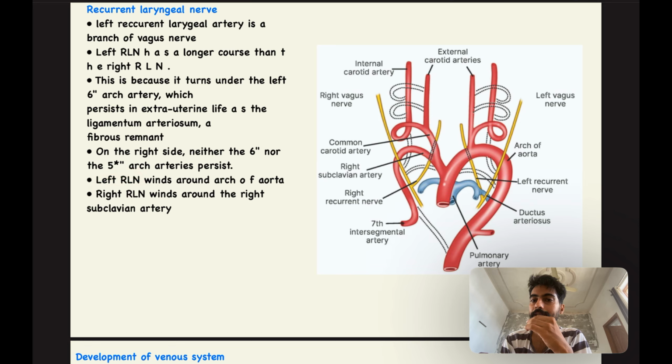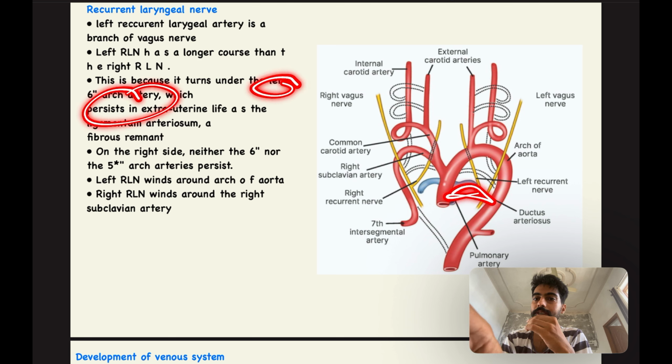The left recurrent laryngeal nerve winds around the arch of aorta here. On the right, it only winds around the right subclavian artery. So it has a longer course due to the presence of the ductus arteriosus or ligamentum arteriosum, or mainly due to the persistence of the left sixth arch artery.